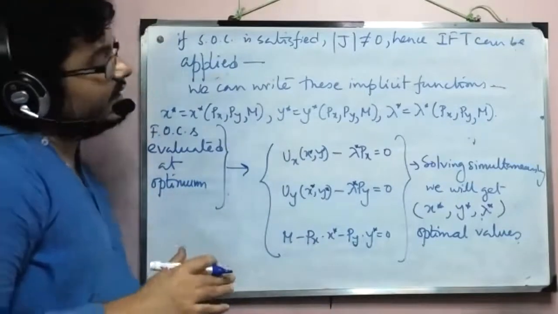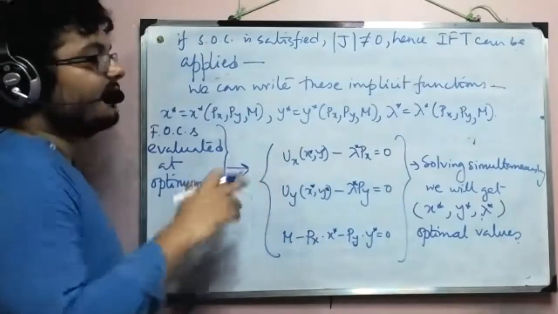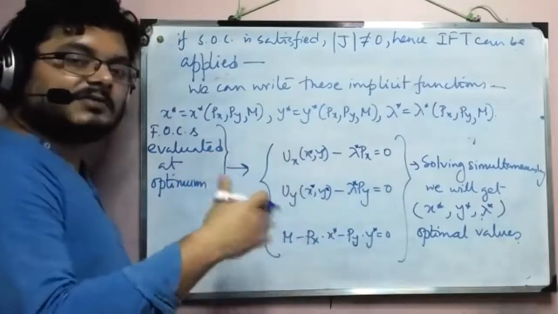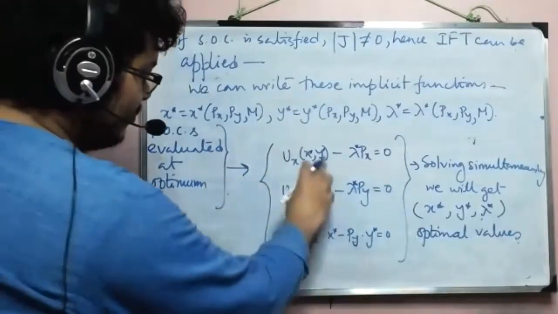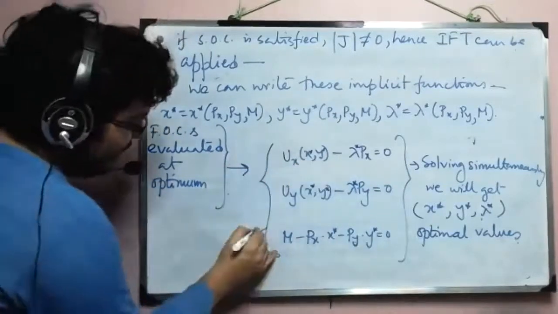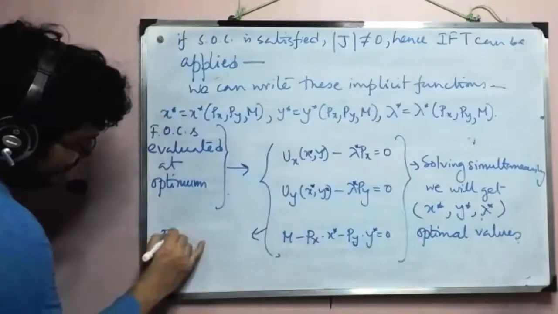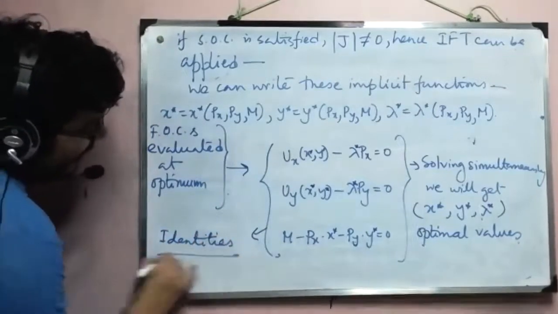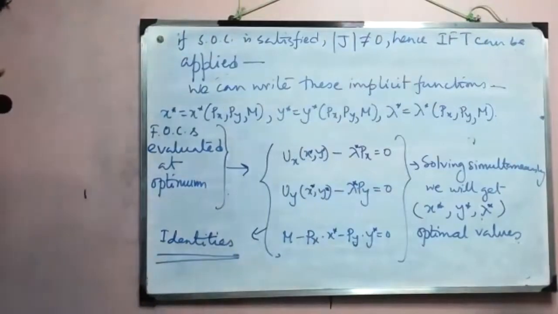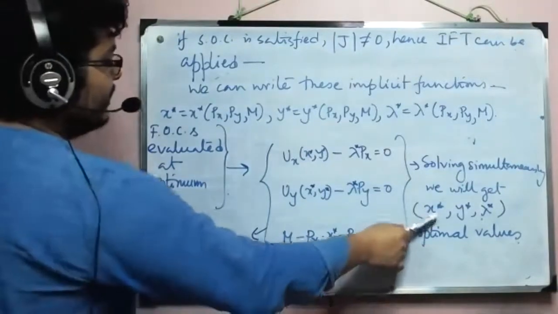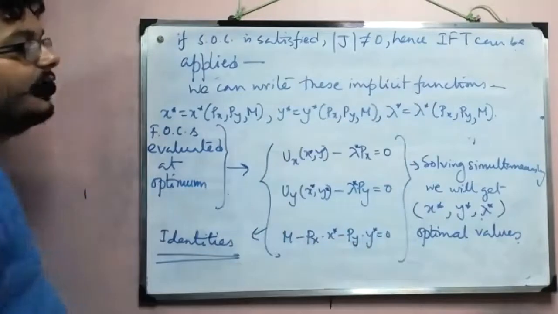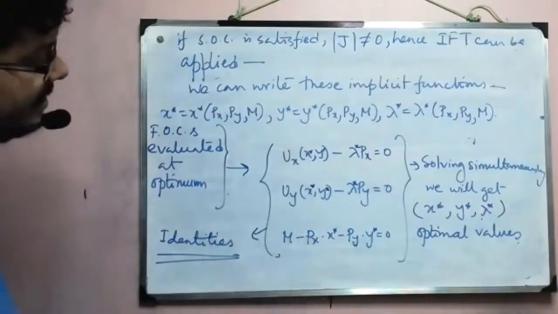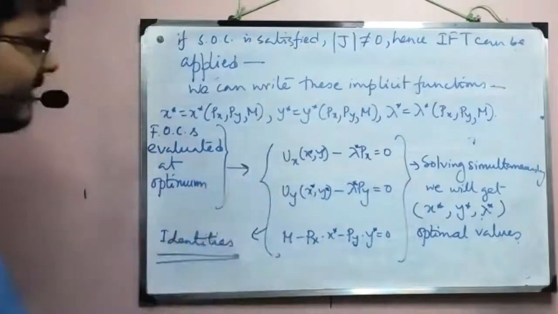And now if these first order conditions are evaluated at those solutions themselves, then what we are looking at here, these are identities, these are no more equations. So just to make it clear, till the point we are evaluating the values, they were equations. And that's why we wrote ux of x comma y minus lambda px.